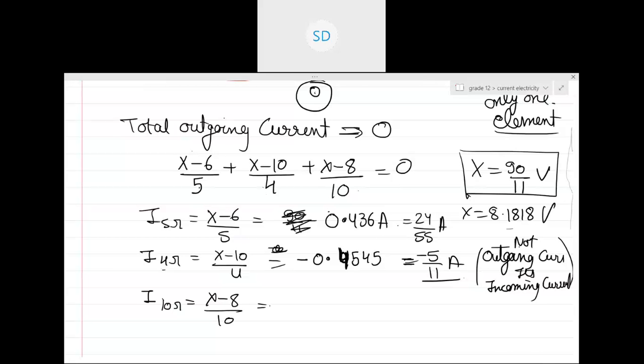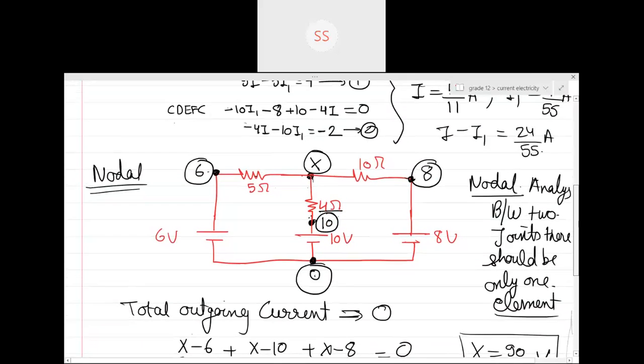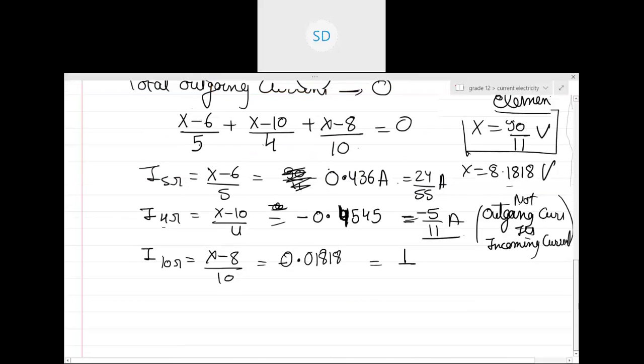So this is done. After that, divided by 10, so it will be 0.01818, which is basically 1 upon what? 1 upon 55.